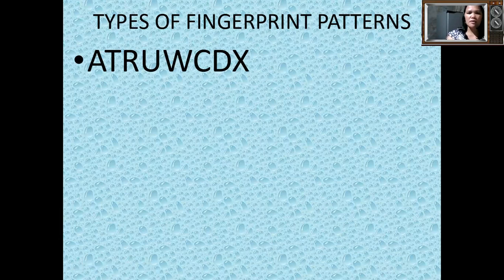So accordingly, we have here the different types of arc pattern. Let us go first with the plain arc. So what do you know about plain arc? Of course, by the name alone, you would think that it looks like an arc. And that is exactly the thing that would let you easily remember a plain arc.